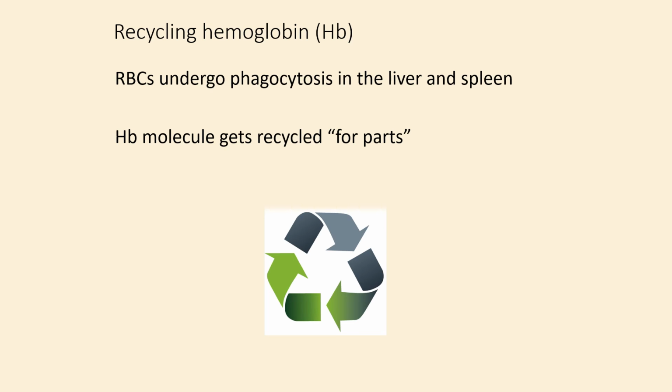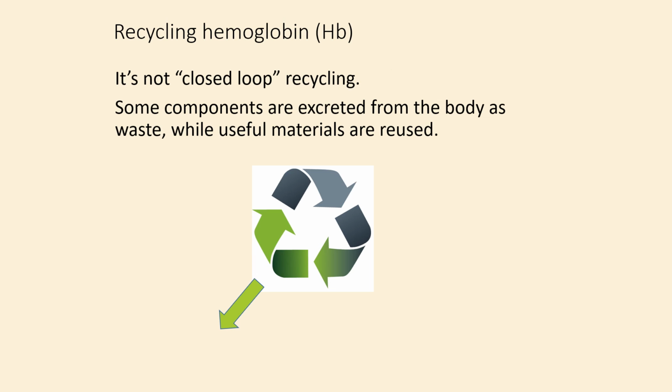Some portions of the hemoglobin molecule are very valuable and can be reused, and other portions of that hemoglobin molecule are actual waste products that don't have any value and need to be eliminated from the body. So that circle of arrows that we're seeing down below, that's what's known as closed loop recycling. When all of the molecules of that material stay in the loop, that's not exactly what happens for hemoglobin.